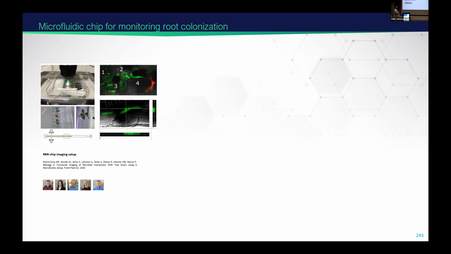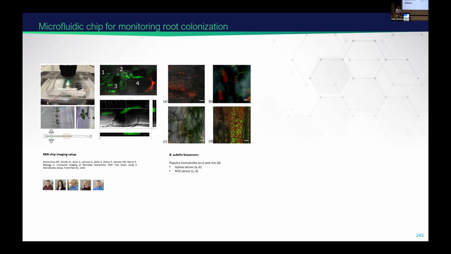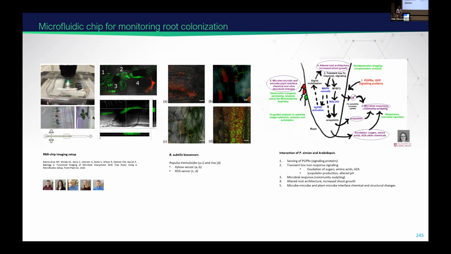This was a very interesting story where we also found some differences in the colonization pattern. That was very important for us. And then these were the sensor cells where we could turn on green fluorescent protein production upon colonization, for xylose or reactive oxygen species detection.